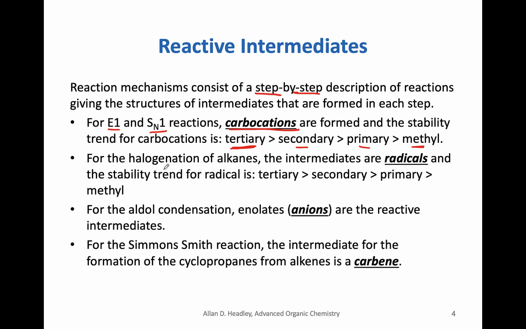Another type of reaction that we looked at was the halogenation of alkanes using either chlorine or fluorine. For those reactions, radicals are formed as intermediates. And again, the stability of radicals is that the tertiary radical is more stable than the methyl radical.